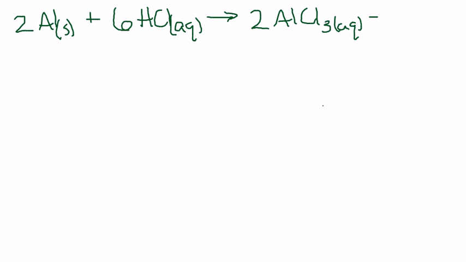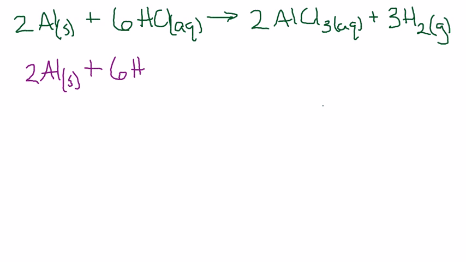This one, if we go ahead and split that up into ions, and we're going to go ahead and do that here, we don't split up the aluminum solid, so we're just going to have 2Al solid. We can split up the hydrochloric acid, that HCl, so we're going to have 6 H+, those are aqueous, plus 6 Cl-, I want to put the plus 1 up there, those are also aqueous.